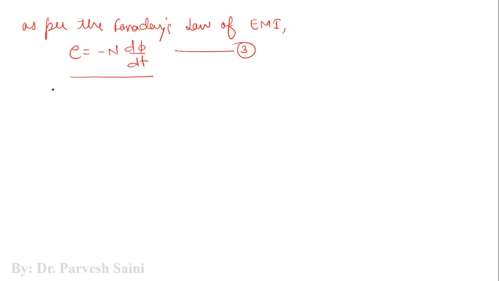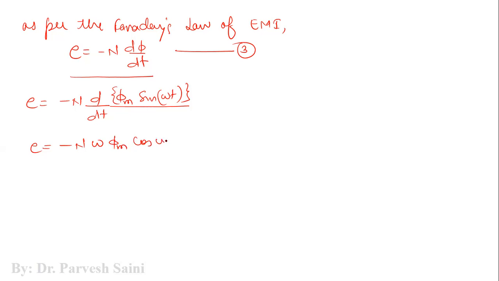So if we substitute the value of phi from equation 2 in this equation number 3, we have E equals minus N d by dt of phi m sine omega t, right? Now we can simply solve this equation. So this will give us minus N omega phi m cos omega t. So this would be the equation, the derivative of this.